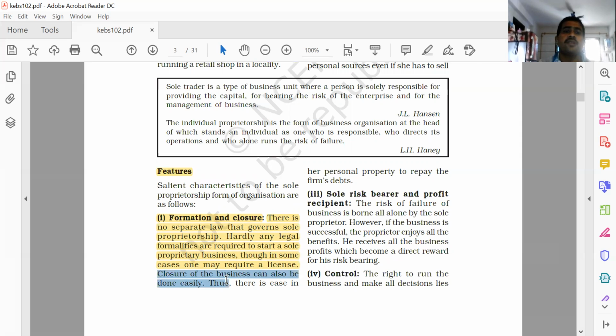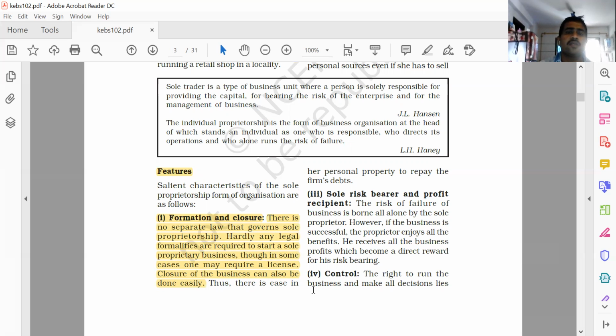Closure of the business can also be done easily, right? We can close it easily. So what we have learned is formation and closure. There is no separate law that governs the sole proprietorship. Hardly any legal formalities are required to start a sole proprietor firm, though in some cases one may require a license.